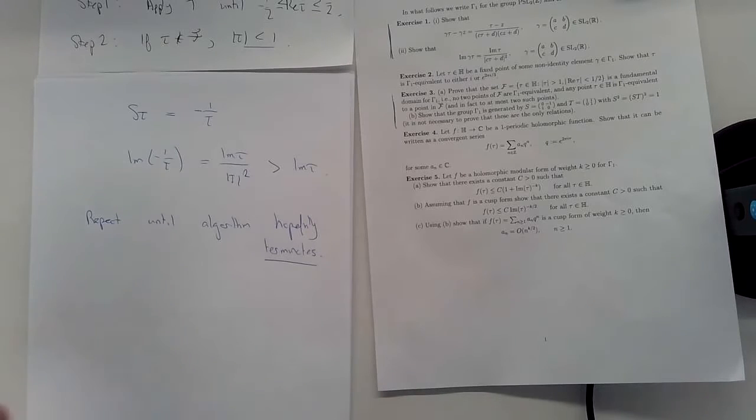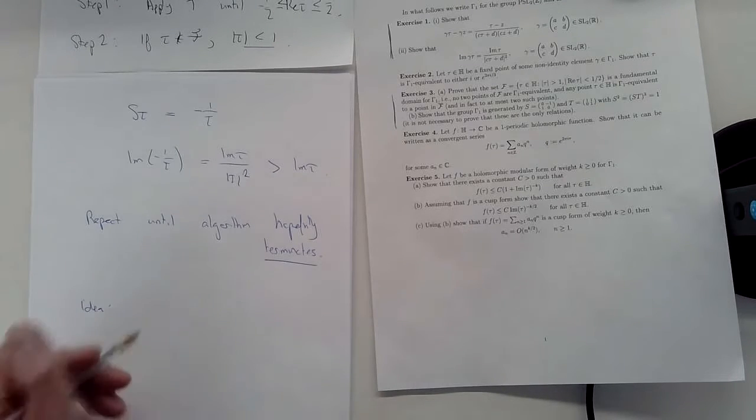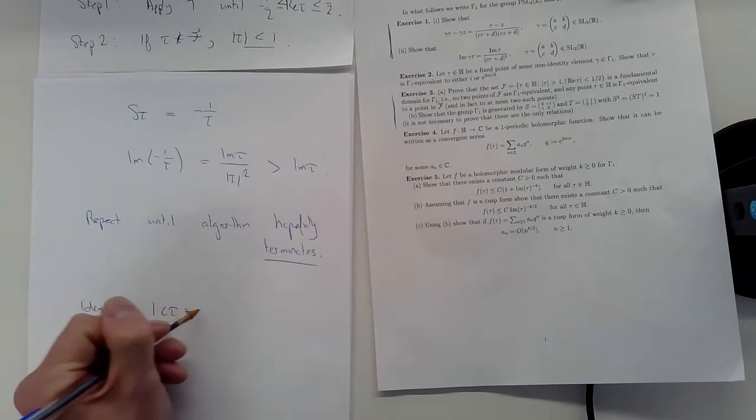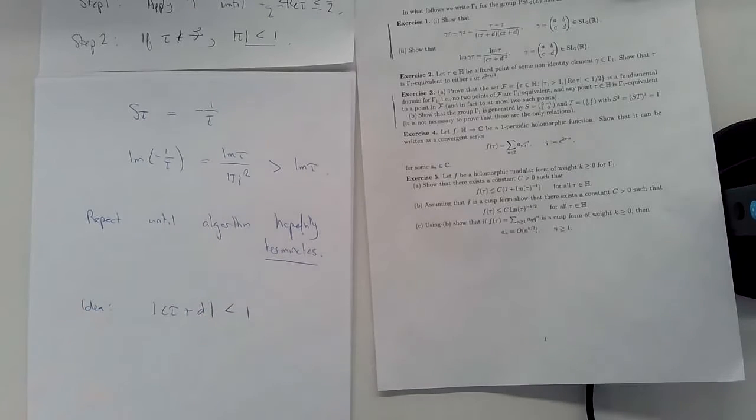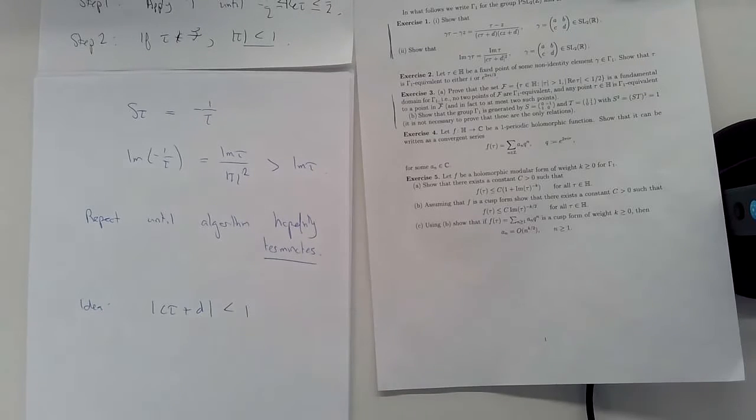But the idea here is that there would only be finitely many C and D such that C tau plus D has absolute value less than 1. So eventually we're going to hit a point where we aren't inside the unit circle and so have already hit something in the fundamental domain.